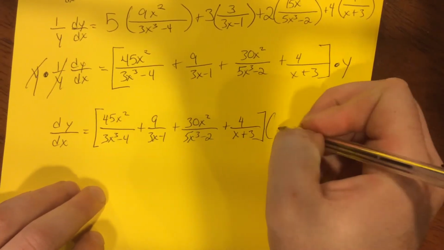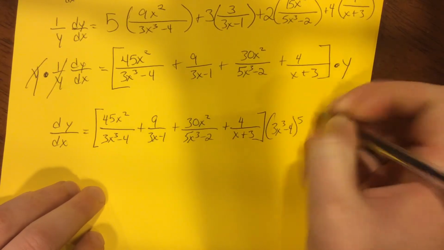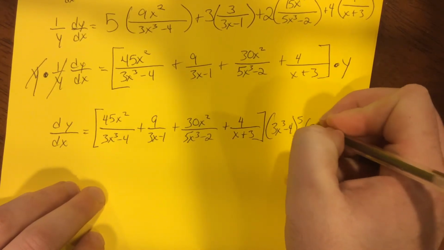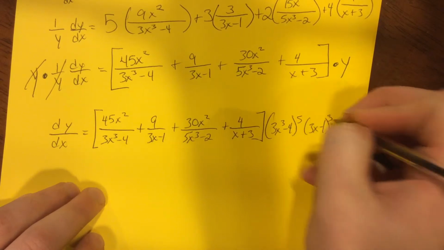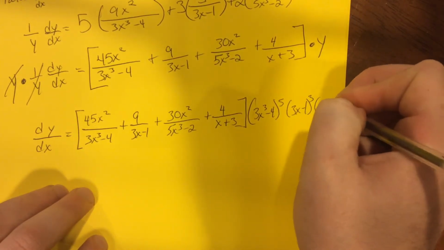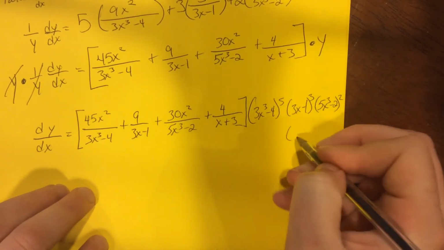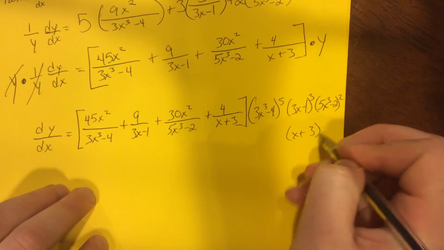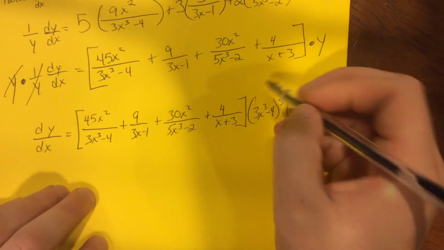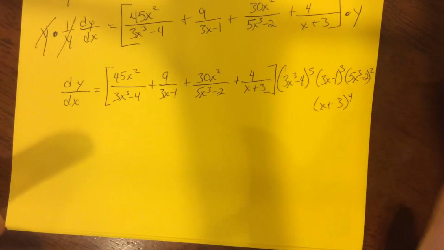Our final answer would be this entire piece times 3x cubed minus 4 raised to the 5th power, times 3x minus 1 raised to the 3rd power, times 5x cubed minus 2 squared, times x plus 3 raised to the 4th. So that would be our final simplified version of the derivative.